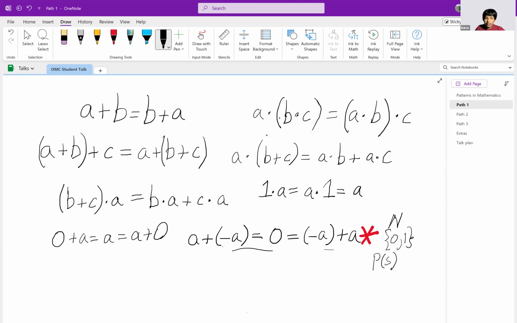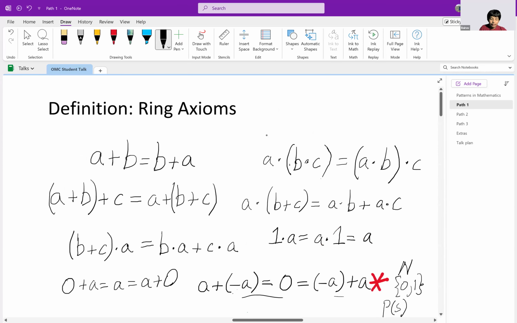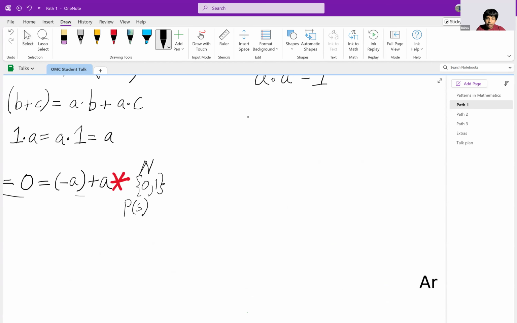When it has all of these properties, we call it a semi-ring. If it does have this one too, we call it a full ring. And then you'll notice some of our examples, such as rational numbers, real numbers, and complex numbers, also have multiplicative inverse for all non-zero elements.